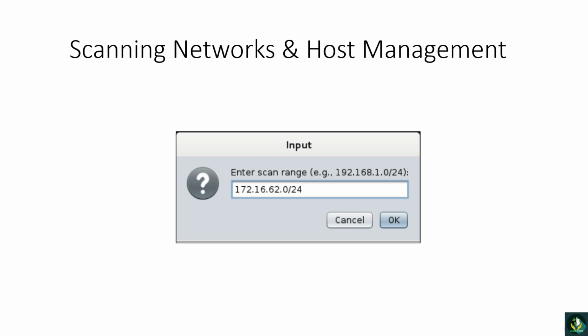Armitage will pop up this window. As soon as we enter the target range, Nmap will start scanning the network to identify the ports, services and operating systems.